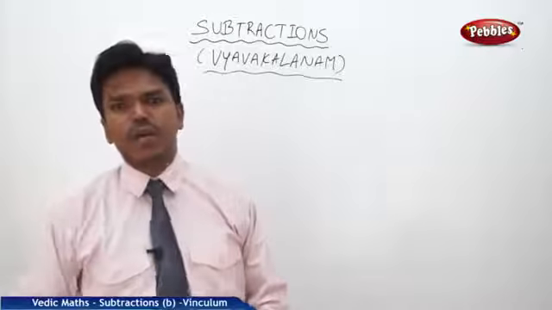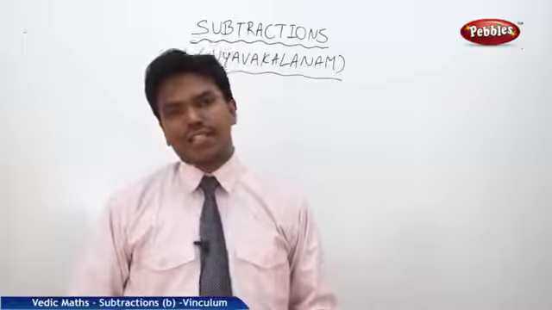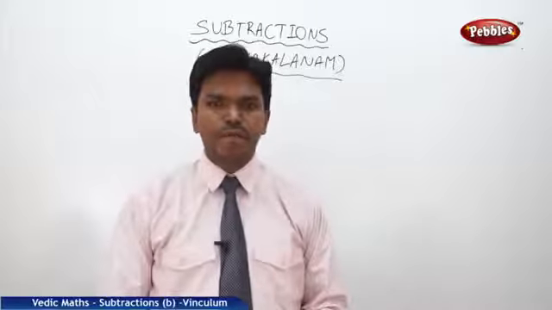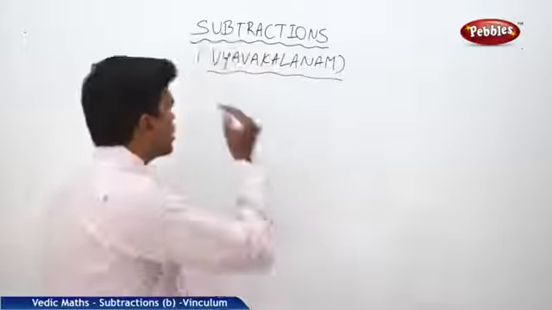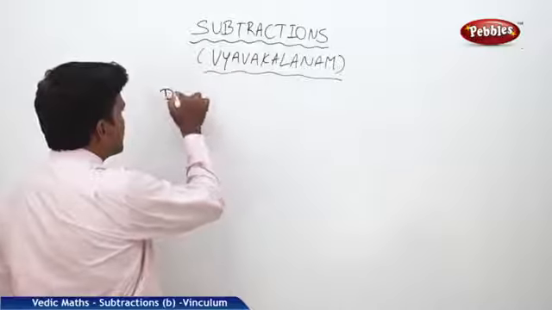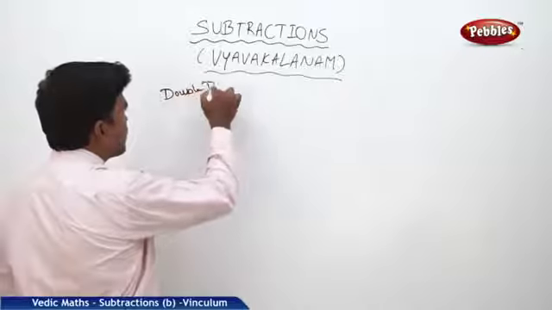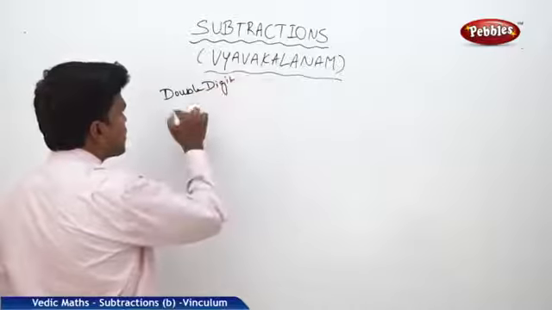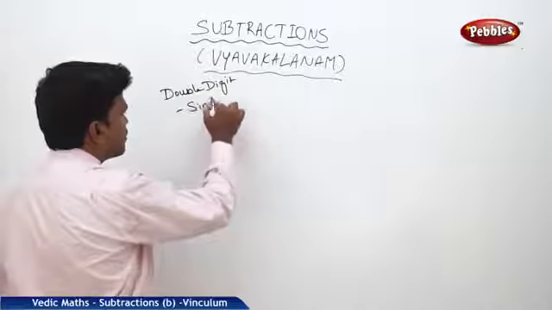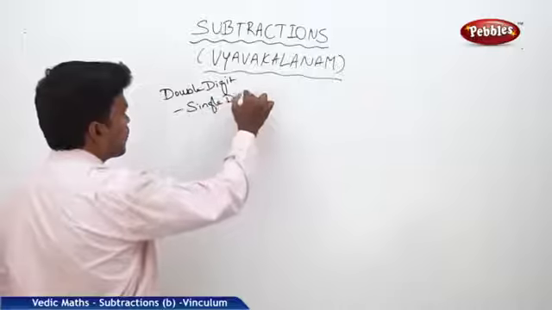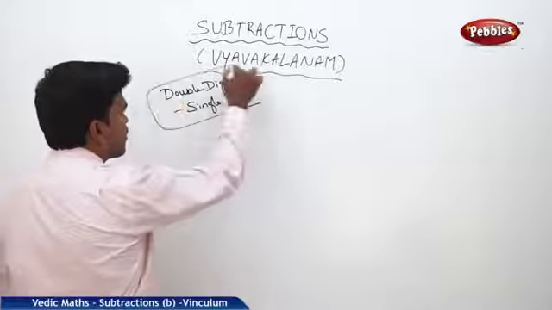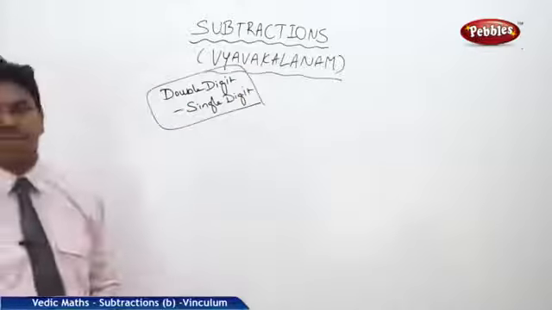Fine. So we are done with the basics. Now we will start the actual subtractions in an easier way. First, we will start with double digit minus single digit, by applying the Vinculum Sutra.